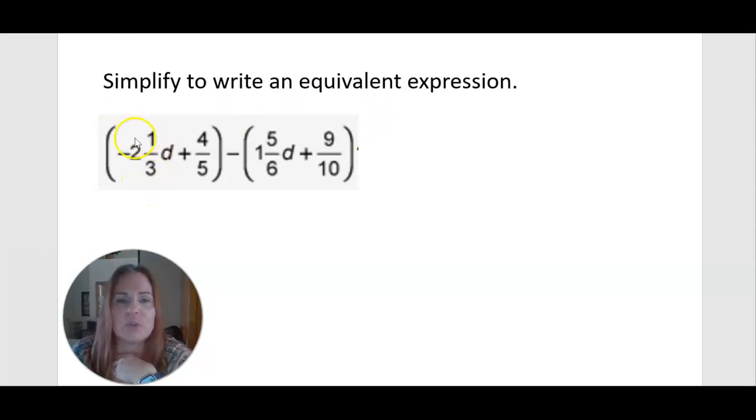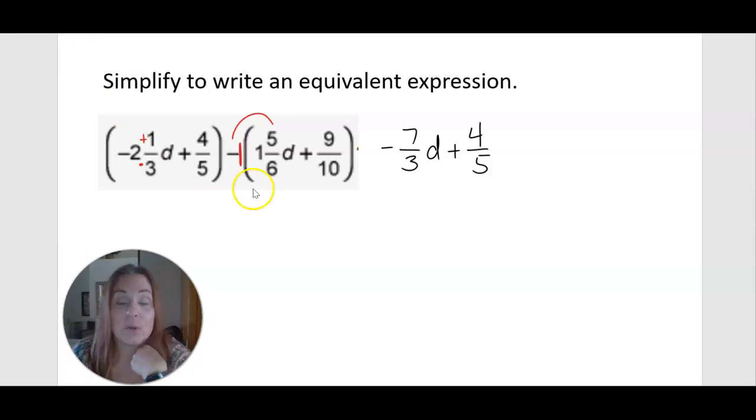So starting with 2 1/3, I'm going to multiply and add, right? So that's 6. 2 times 3 is 6, plus 1 is 7. So I'm going to rewrite this as negative 7/3. I'm going to keep the 4/5. And now in the second set of parentheses, I've got to write in that negative 1, right? Write in the 1, and I have to distribute.